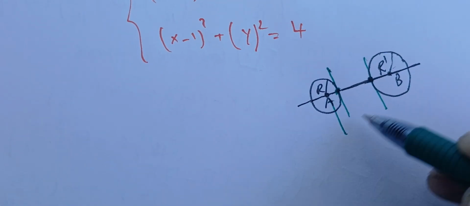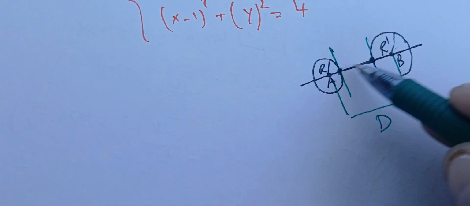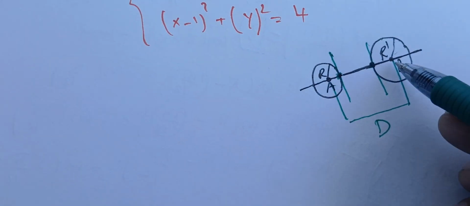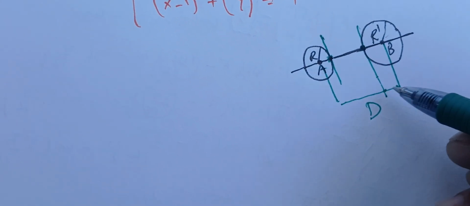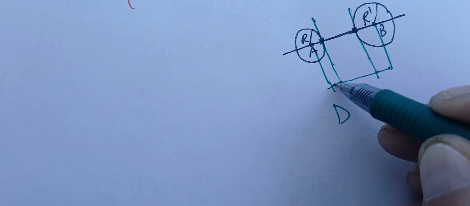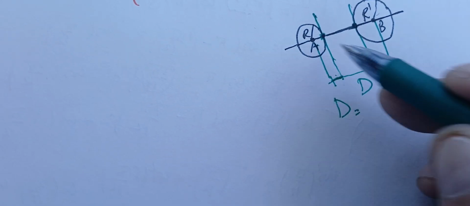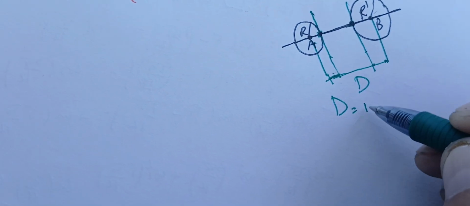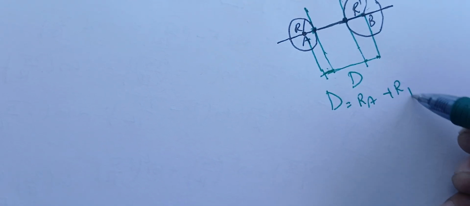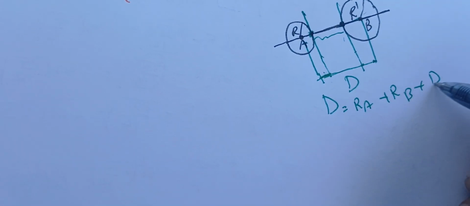So here we know the distance between the centers of the circles. We call it big D. This distance here is just the radius of circle A. So big D is the radius of circle A plus the radius of circle B plus the distance that we are looking for, which is ds.